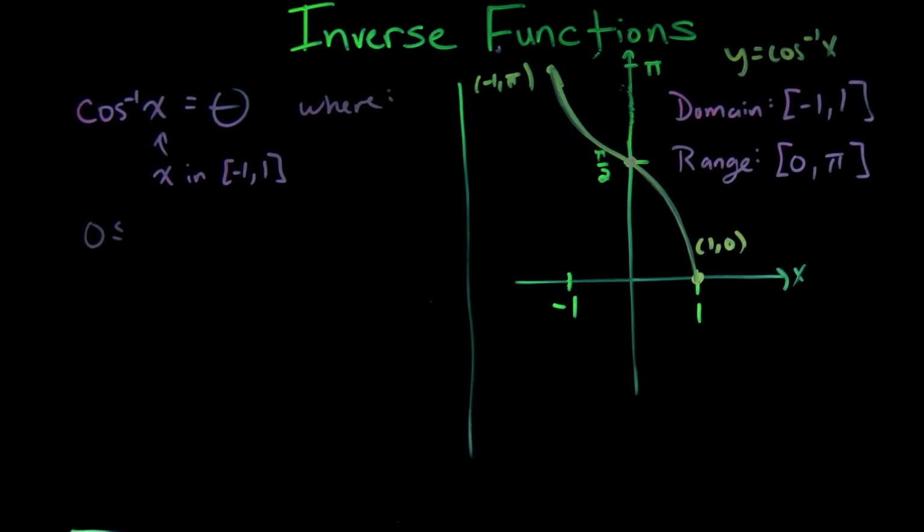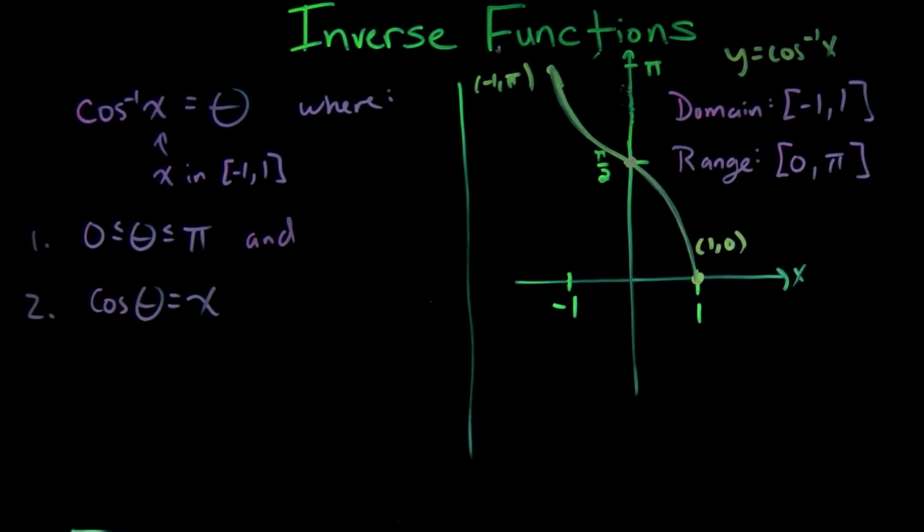First off, theta has to be between 0 and pi, because that's the range of the inverse cosine. So we're spitting out an angle between 0 and pi whose cosine is x. Okay, so that is the definition of the inverse cosine.